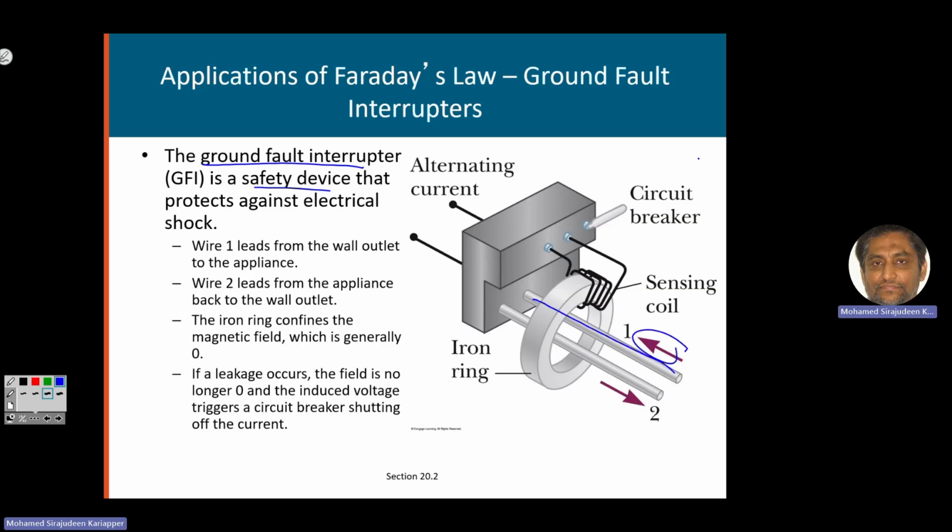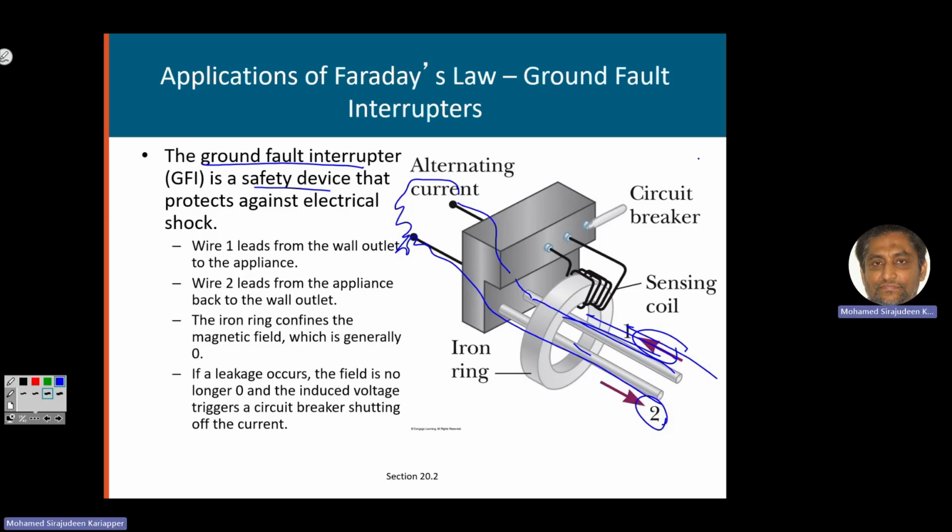Let's say this is coming in from outside and it goes through this device called GFI and it will supply to all your appliances and come back on wire 2. Coming in, going out. These two wires are very close together, and if there is no leak anywhere in the apparatus, the current I that comes in will be equal to the current that goes out.